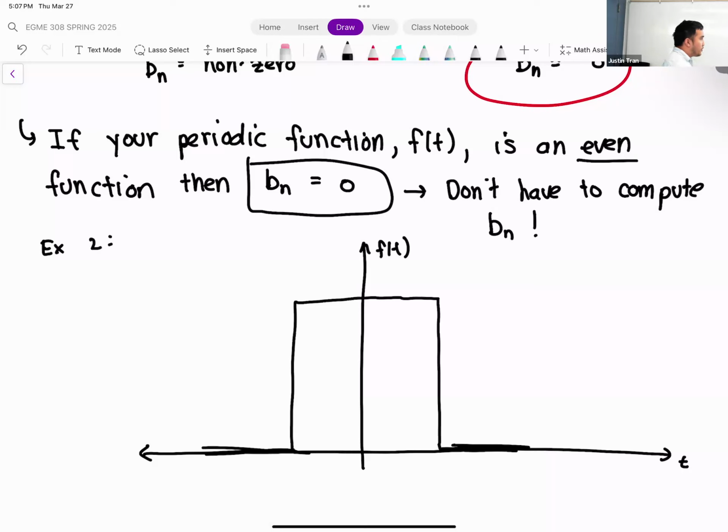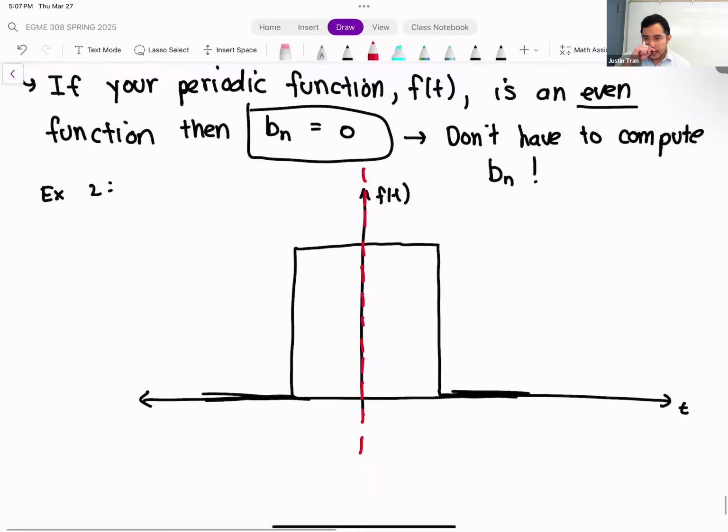So if you look at the graph of this function, and you consider the vertical axis to be like a mirror, we can say that this function is symmetric across this vertical line.